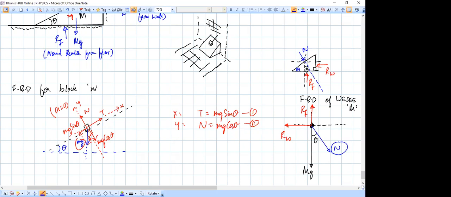So taking components of this, this will become n cos theta, and this will become n sin theta.